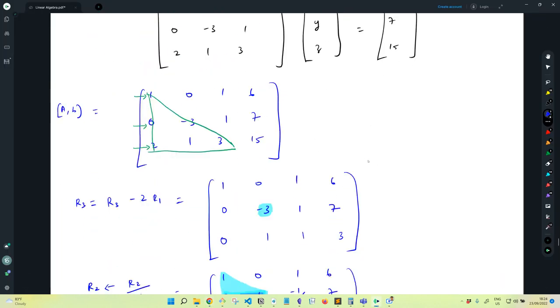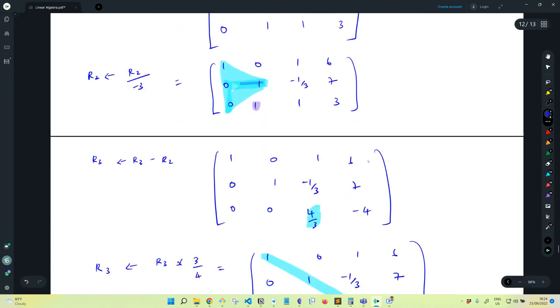2, 1, 3, x, y, that is 6, 7, 15. Is somebody able to spot the mistake that we made?